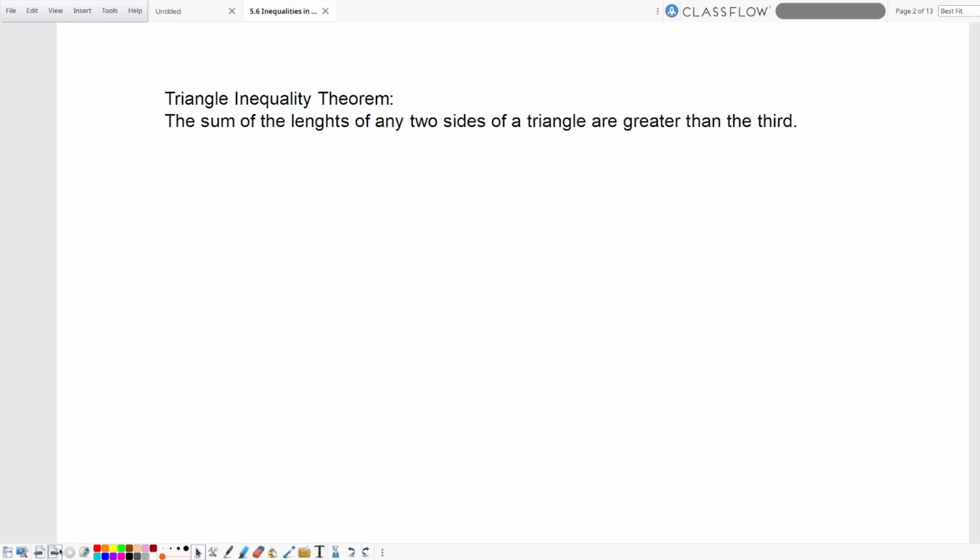So the very first thing we have is the triangle inequality theorem. The triangle inequality theorem says that the sum of the lengths of any two sides of a triangle are greater than the third.